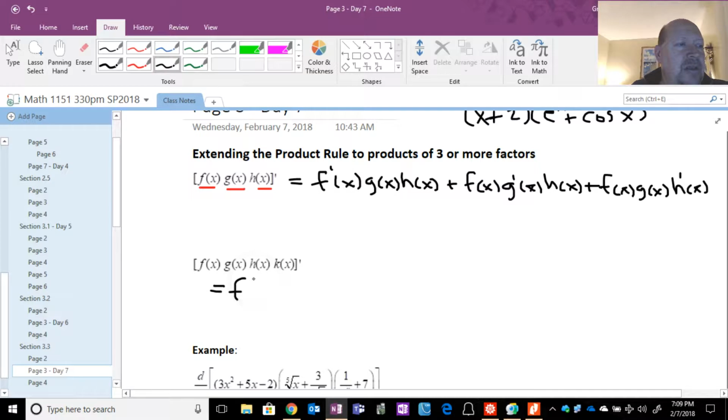We're going to start off with the first one, f prime of x times g of x times h of x times k of x.